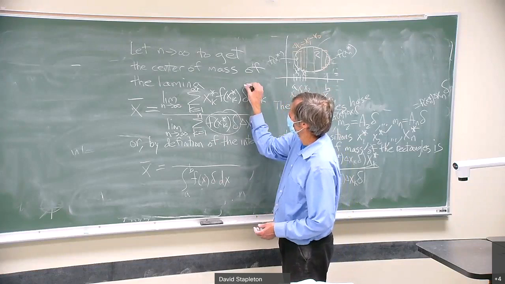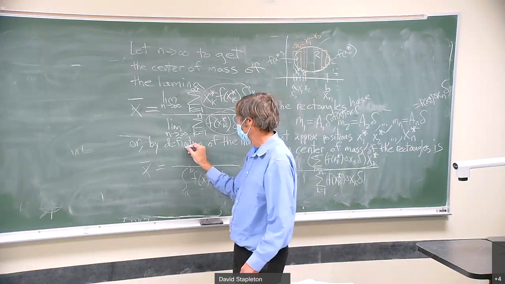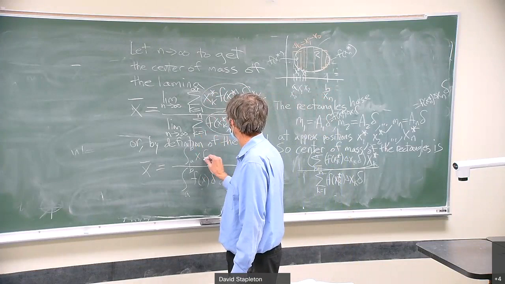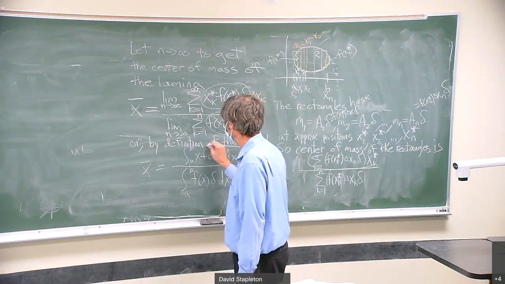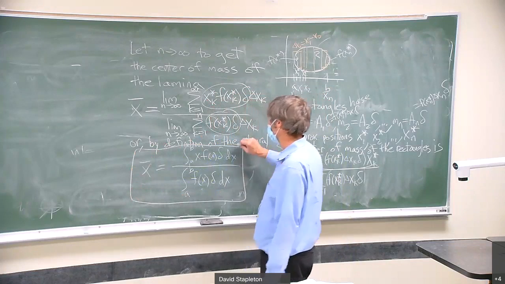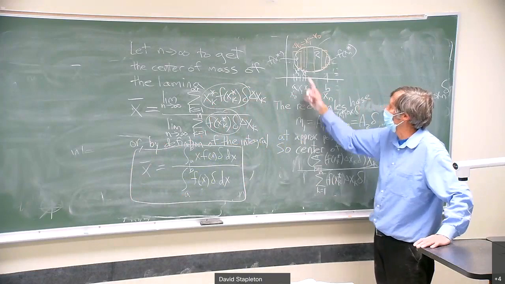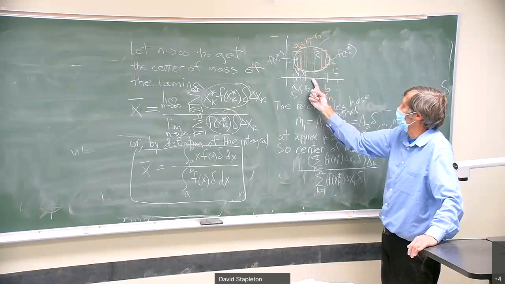Now, the top is exactly the same thing, but you're integrating this function. You replace each xk star with x, and you get the same integral, except you've got x in front: x, f of x, delta dx. There is the formula for the x coordinate at which you can balance the center of mass in the x direction, as though this was a bunch of tiny masses getting smaller and smaller, and your finger gradually settles down to it.